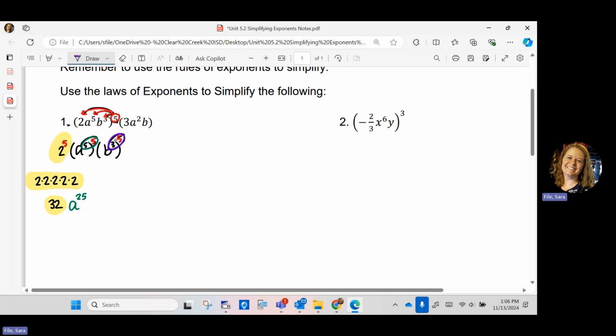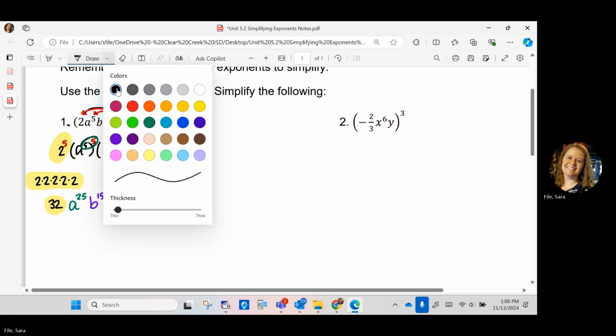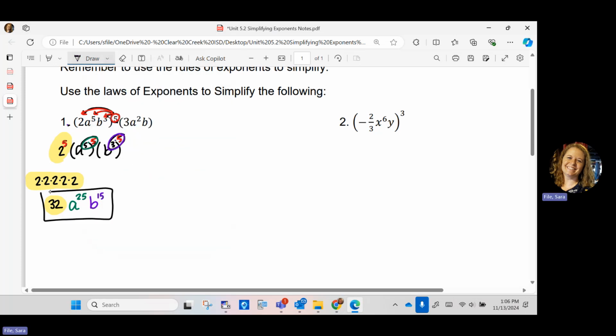It's 3 times 5, which is 15. That would be your answer: 32, a to the 25th, b to the 15th. That means there are 25 a's all being multiplied, 15 b's all being multiplied. And remember, that's what that exponent tells you.